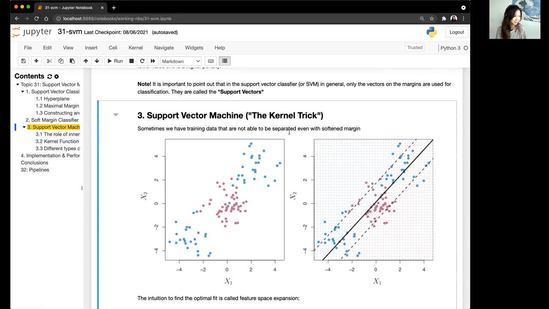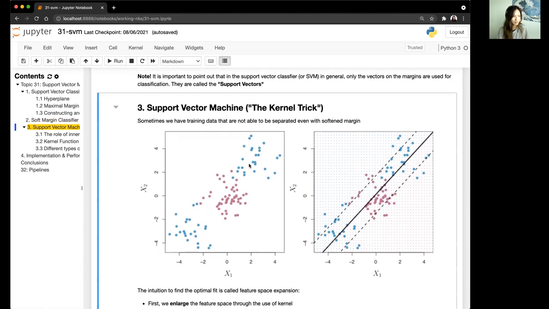the feature space. So sometimes we might have training data that's not able to be separated even with a softened margin, right? What if we had data that looked like this? If our algorithm was something linear like an SVM, this is very, very difficult to separate. If we had a decision tree, this actually would be a lot easier, or any sort of tree-based model, which is why sometimes it's important to inspect your data for this reason.